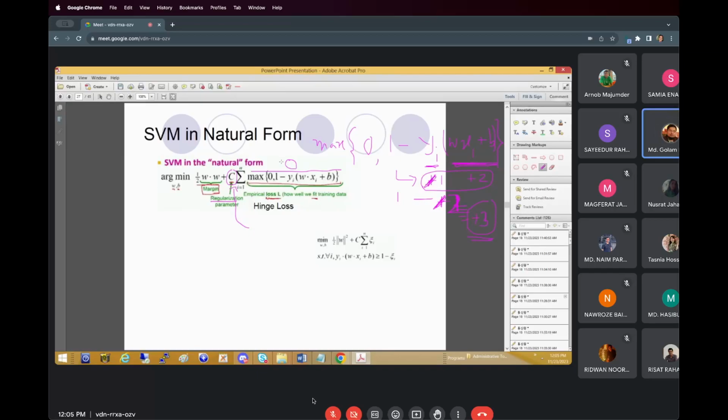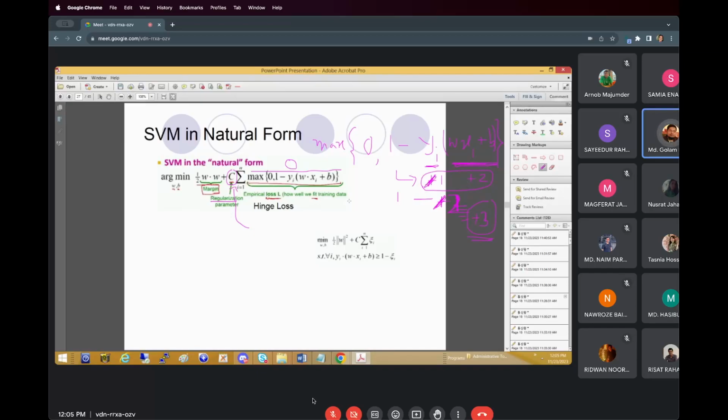Then 3 times C will be the penalty, 3C. We say 3C is the penalty because the original class label is negative and our prediction is positive. That's why the model is penalized.